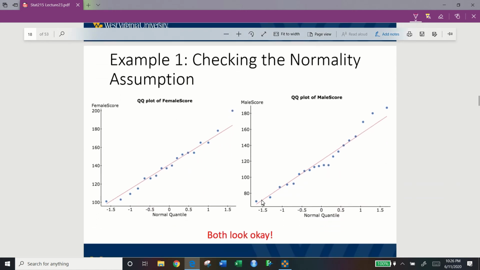Well, if we take a moment and look at a QQ plot in StatCrunch, we can see that both of the QQ plots are acceptable. They're not perfect, but remember, when we're using our normality assumption, you're rarely going to find that perfect case where that diagonal line is followed exactly. So the general rule is, is it close enough? And yes, it appears to be.